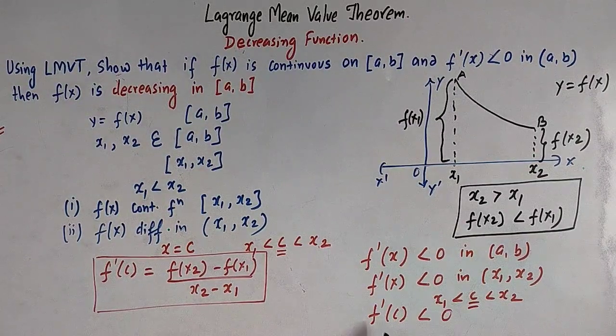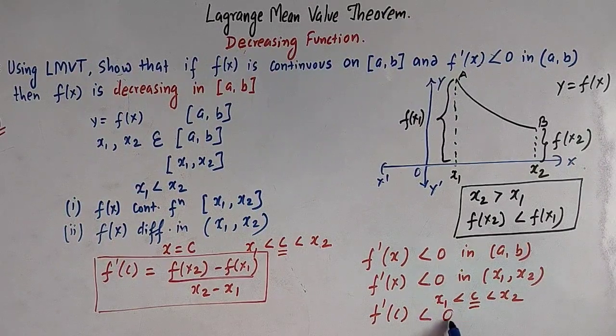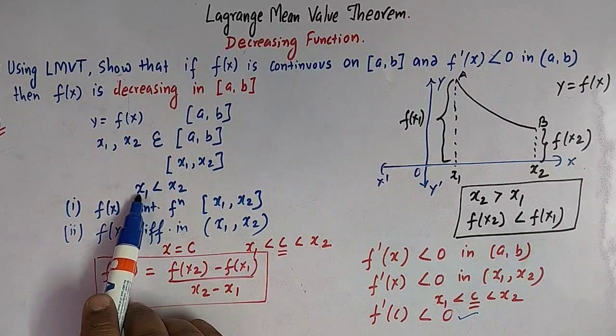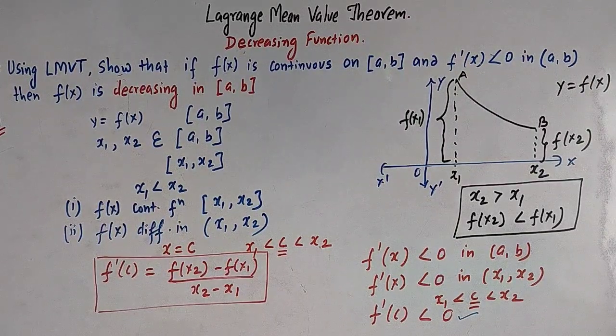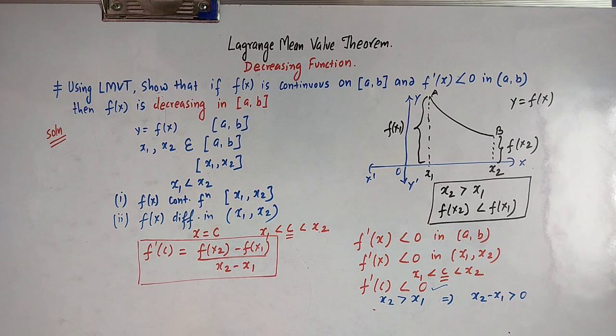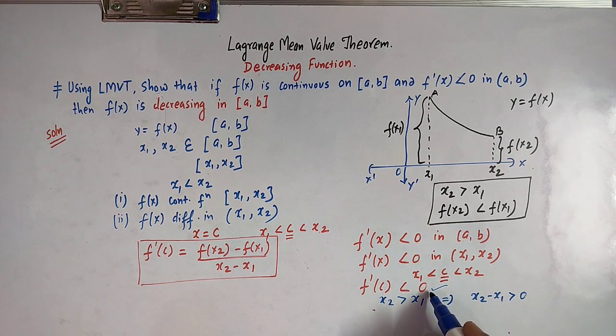So now here f prime of c is less than 0, and here we are given that x2 is greater than x1, right? So x2 is greater than x1, it implies that x2 minus x1 is greater than 0, right? So now here f prime of c is less than 0.